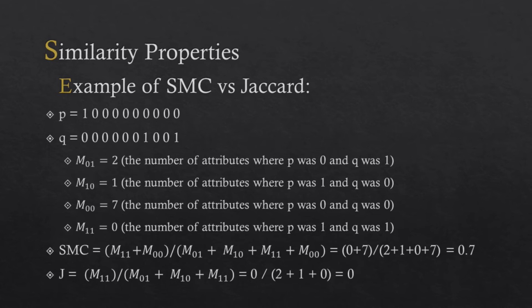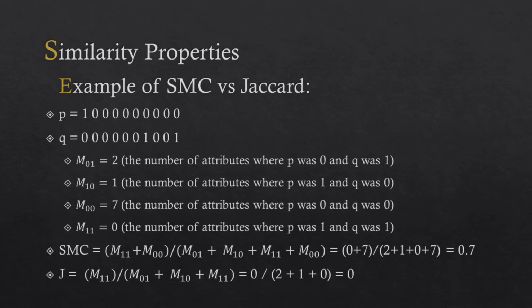M11, the number of attributes where P was 1 and Q was 1. So here, we see that we get the values 2, 1, 7, 0. So in M11, we get 0 attributes because there is no case where P was 1 and Q was 1.